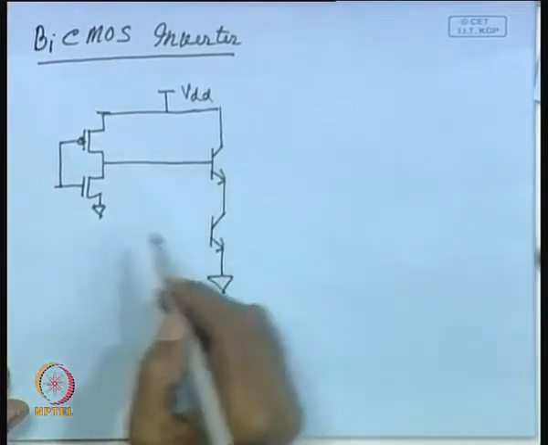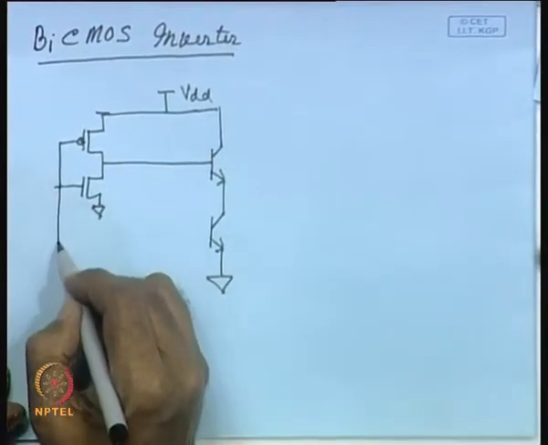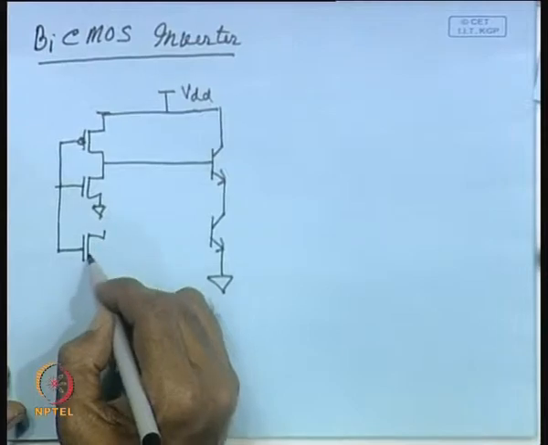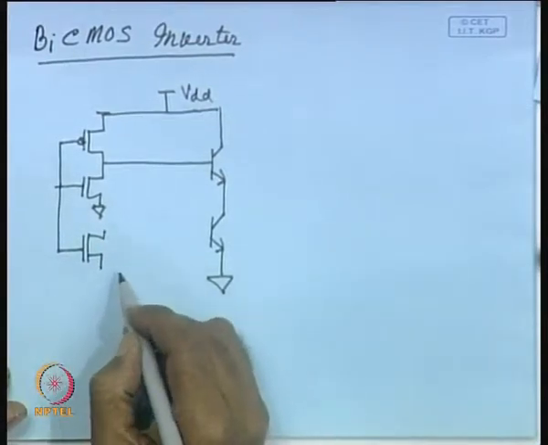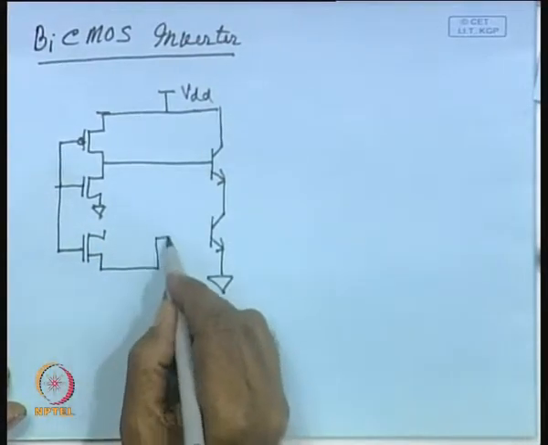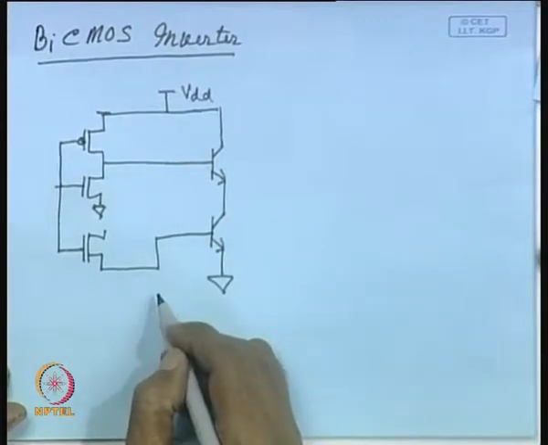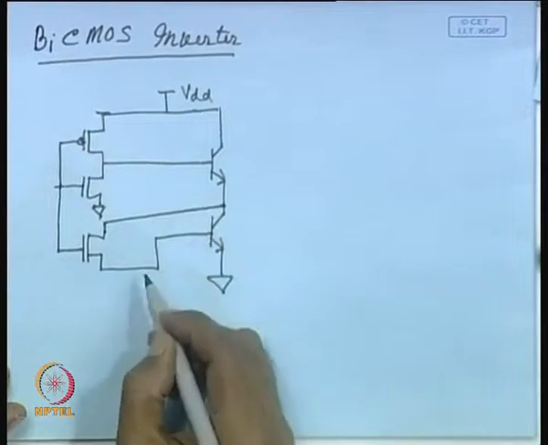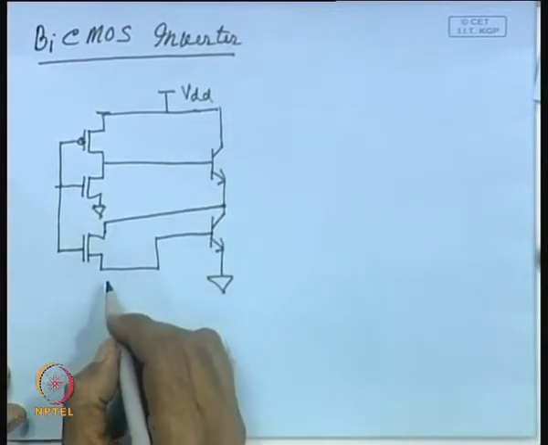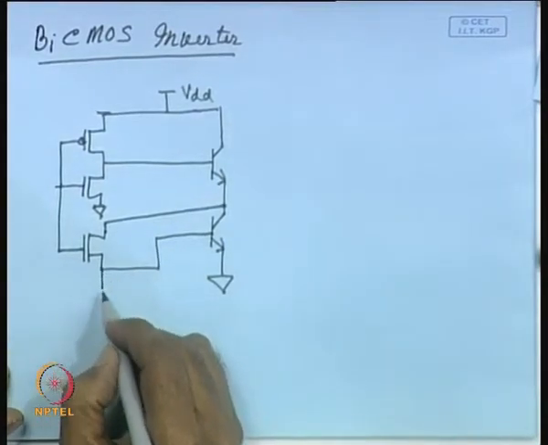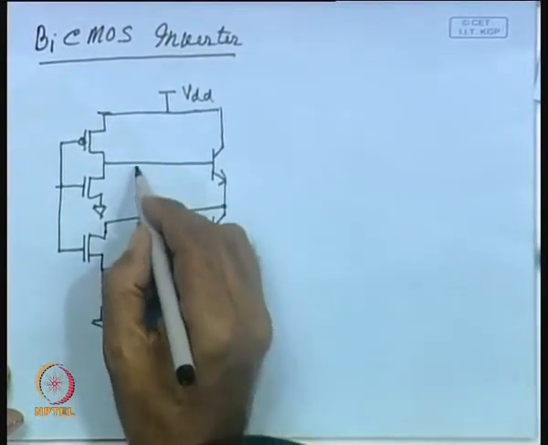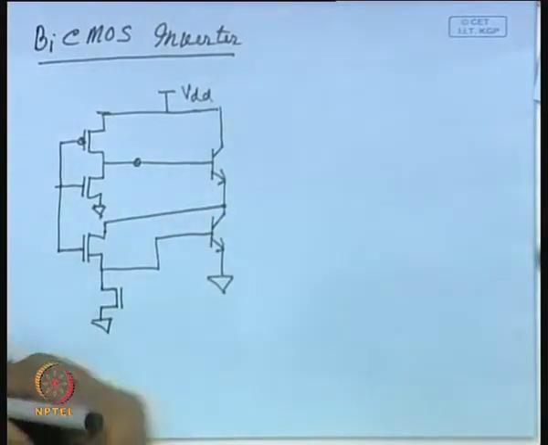To do that, we shall be using a few additional transistors. This is connected to the base of this transistor, and this is connected to the output, and here we have got another NMOS transistor. This is connected to this particular line.